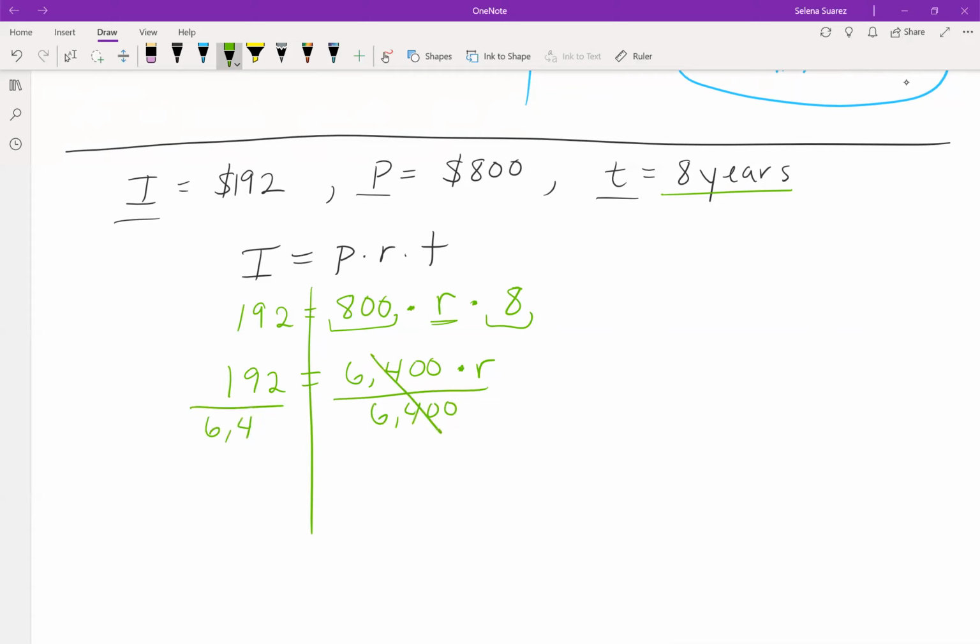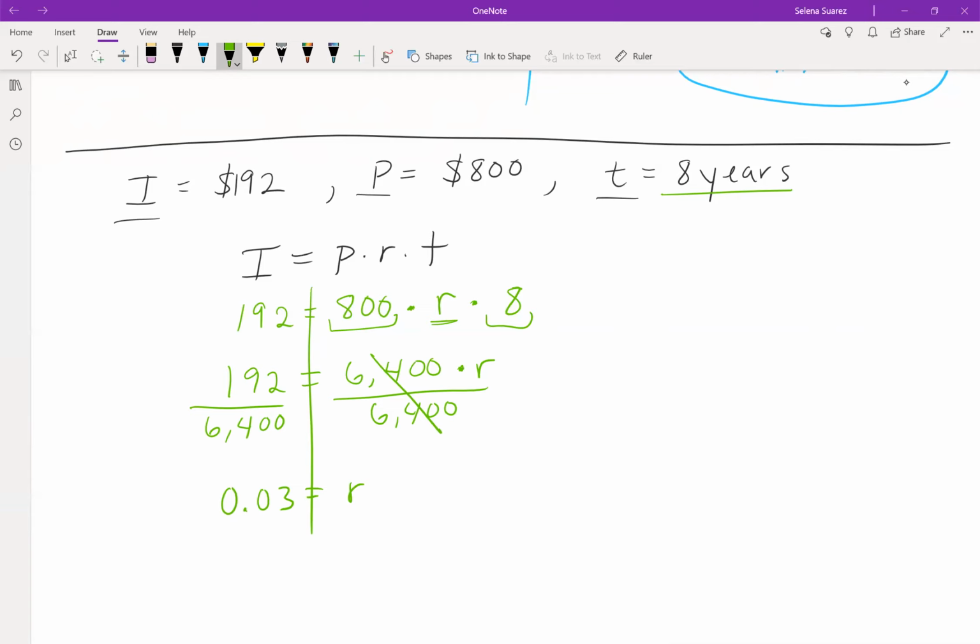Do the same thing on this side. If you plug in 192 divided by 6,400 in a calculator, I end up with 0.03. That's my answer for R.